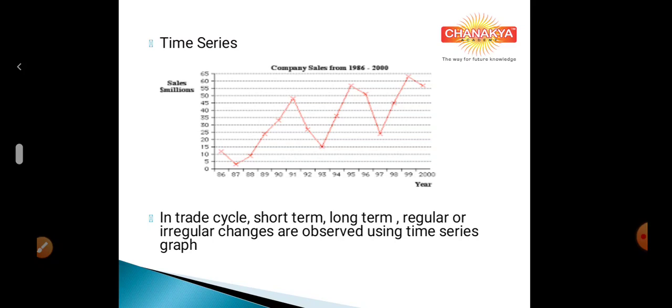As the name says, time series, that means whatever values are represented on this graph must be respective to different time periods. The time period can be short, longer, regular.